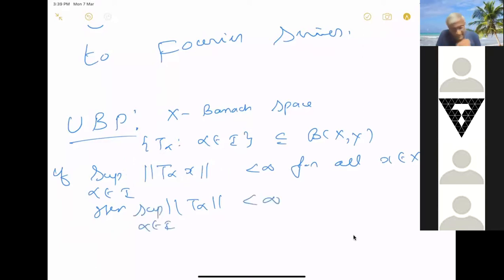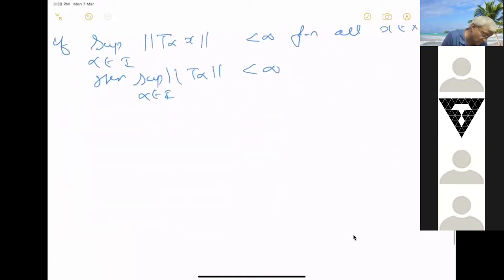I mean, if it is pointwise bounded, then it is uniformly bounded. That's what the uniform boundedness principle says.